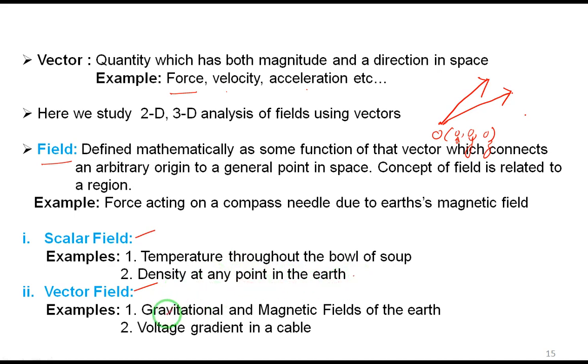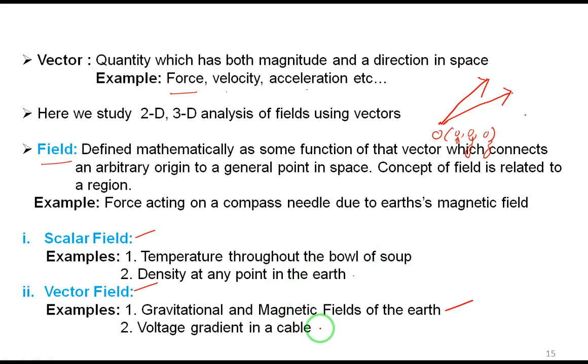Then coming to vector fields, the gravitational and magnetic fields of the earth are vector fields. The gravitational field always acts in the downward direction. Because it is associated with a direction, the gravitational field is a vector field. And for the magnetic field, suppose I take a permanent magnet, it has a north pole and a south pole, and the direction of the field is always from north to south.